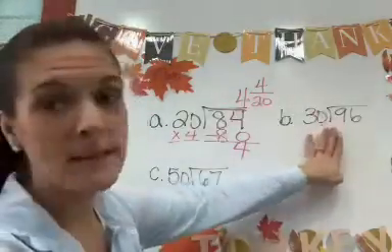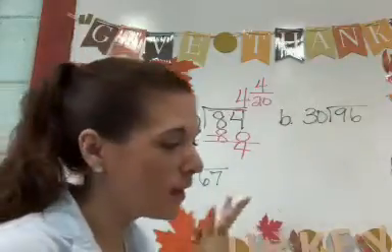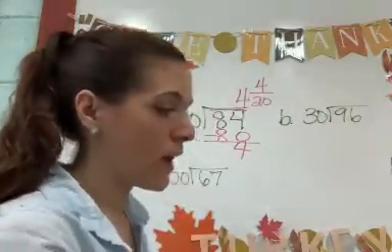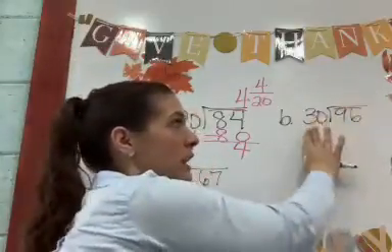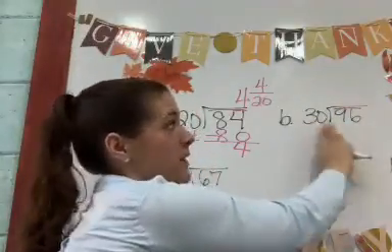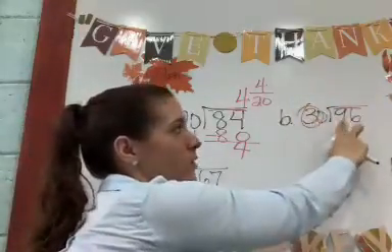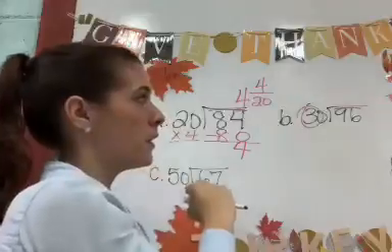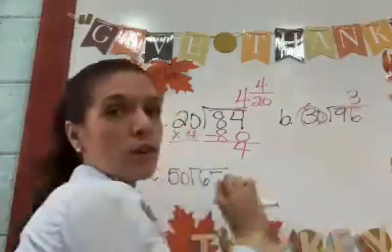Look at letter B, because I'm not going to do all of these with you. So you can't just write down Miss Jessica's answers and then guess for the rest of it. Okay, you got to learn the process. So here we go. You put our line over 96 because 30 cannot go into just 9. It goes into 96. So we look at the first number here. How many times can 3 go into 9? Kiara? 3 times. So you put that 3 over the 6, not over the 9, you guys.